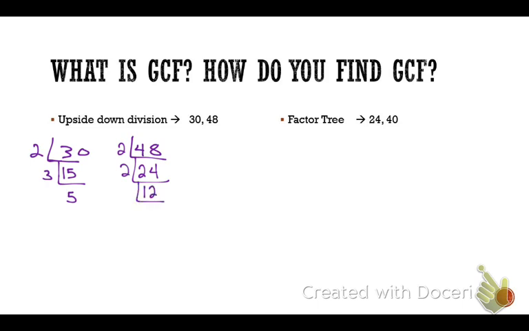What goes into 12? 4 goes into 12. Does 4 work? Yes. Is 4 prime? No, I can only divide by prime numbers. Let's do a 2 again. 6 and a 2 again, and now 3. And again, once my bottom number is prime, I'm done.